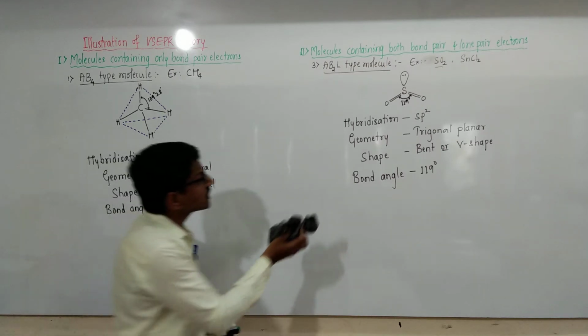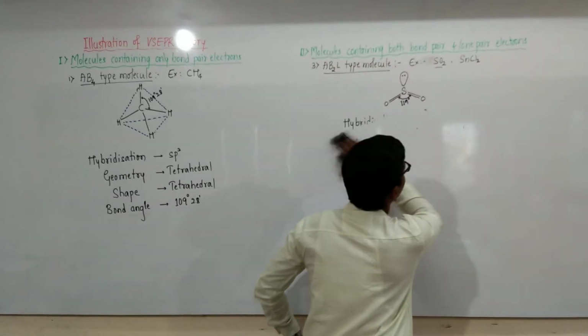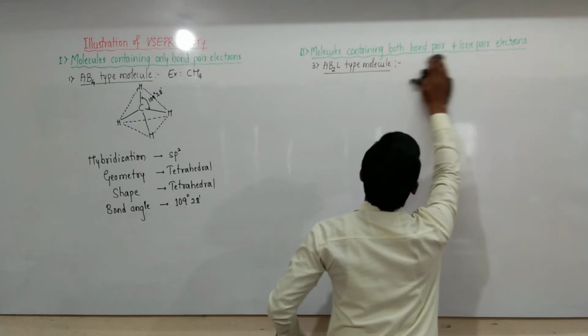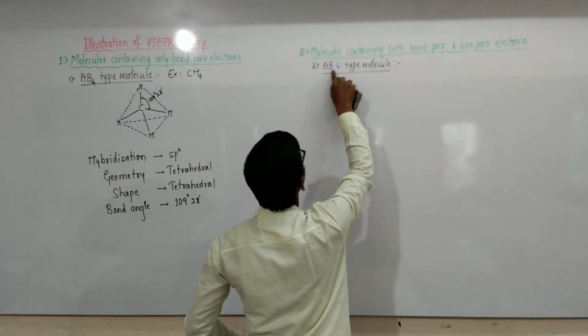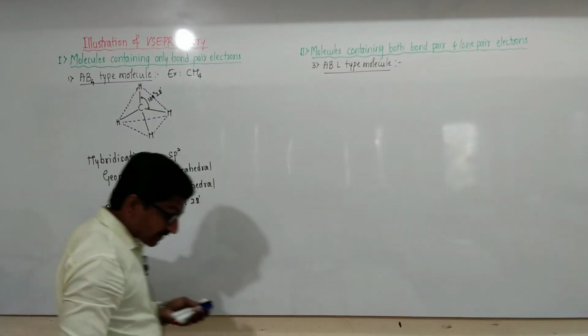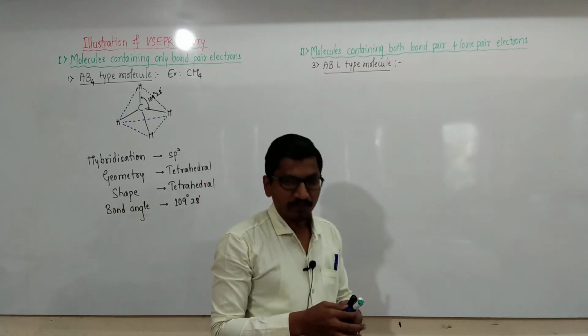Then next is very important. There are two examples, sp3 hybrid state of methane as well as a water molecule.